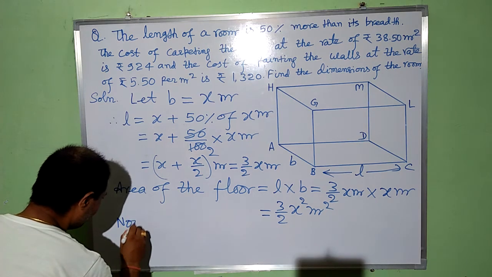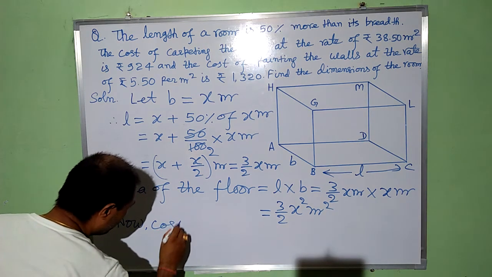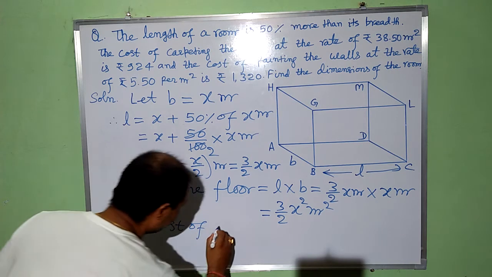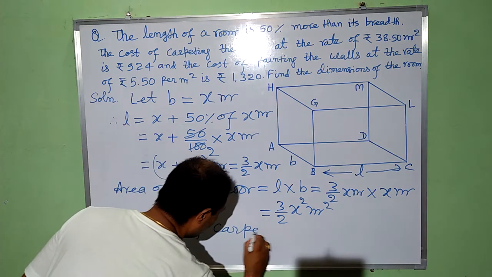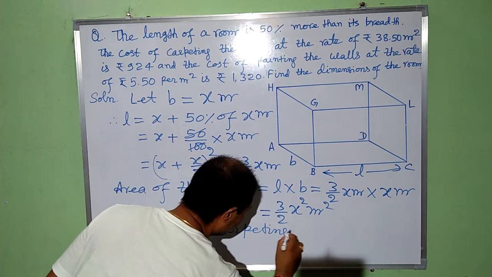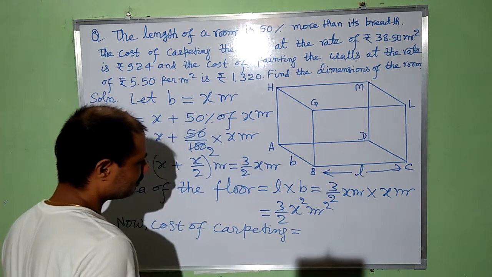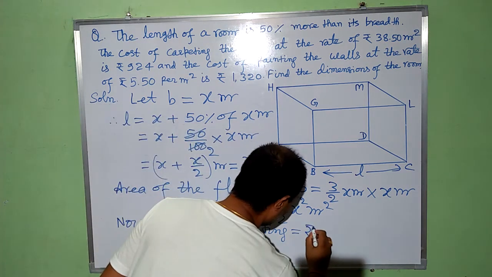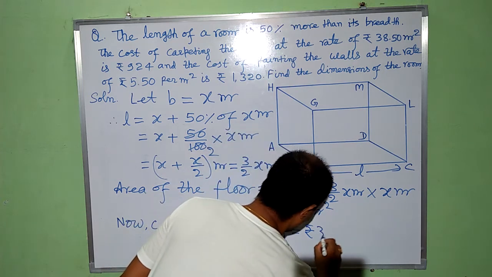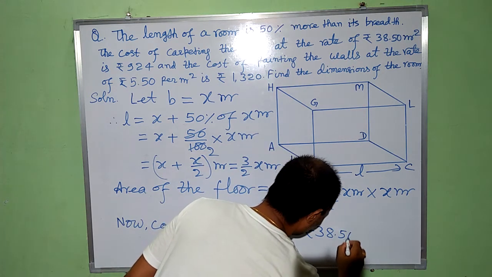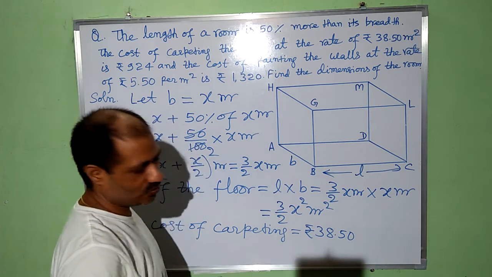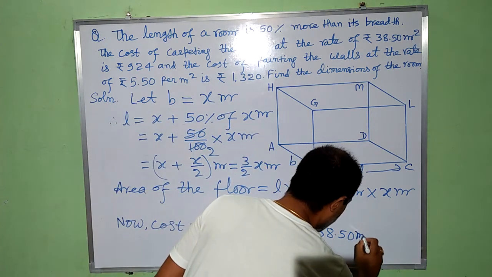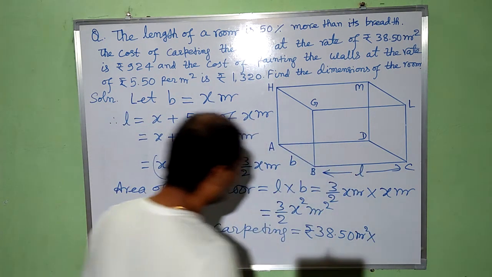So cost of carpeting will be rupees 38.50, which is the cost of 1 square meter, and total area is obtained here.